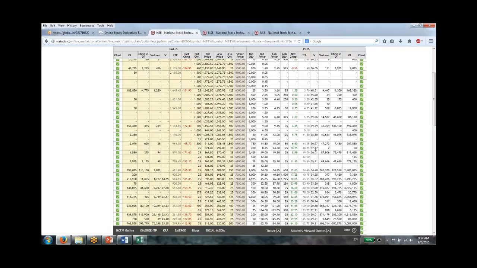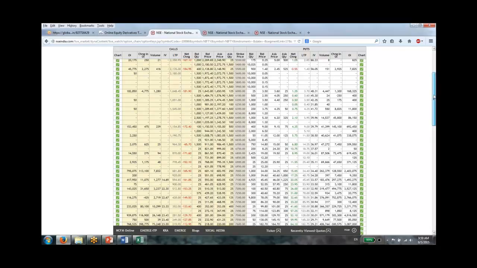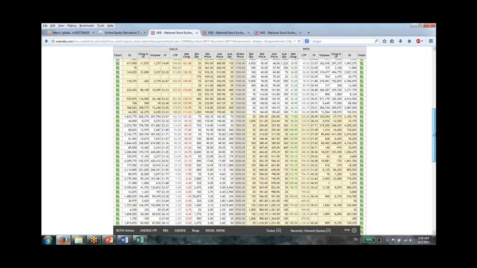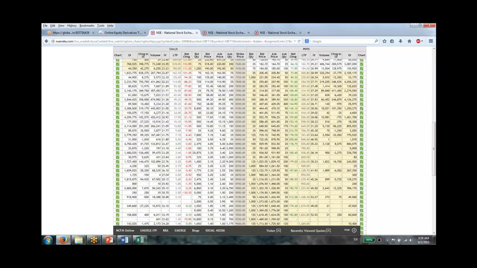Here the delta is below minus 0.1 or minus 0.2, much lesser because the sensitivity to the underlying asset is much lower. And conversely, the more down you go, the deeper you go into the strike prices, the sensitivity increases and comes to something close in the range of minus 0.7 or minus 0.8. So that is what the delta is for a call and a put.